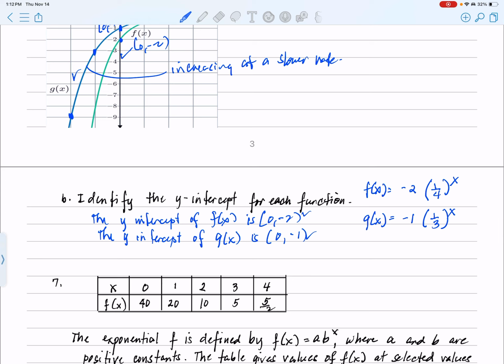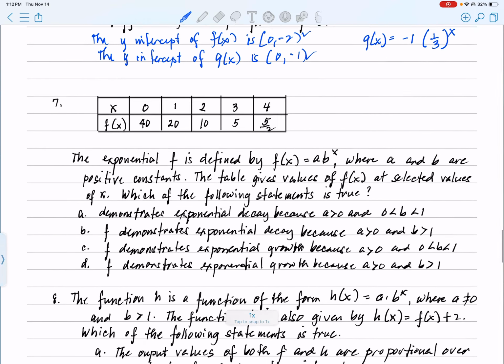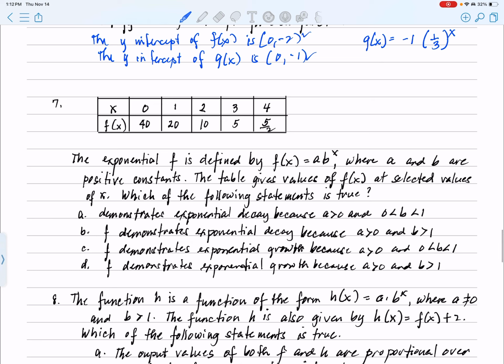Let's do this. It's a multiple choice. Looking at the table, the exponential function f is defined by f of x, where a and b are positive constants.